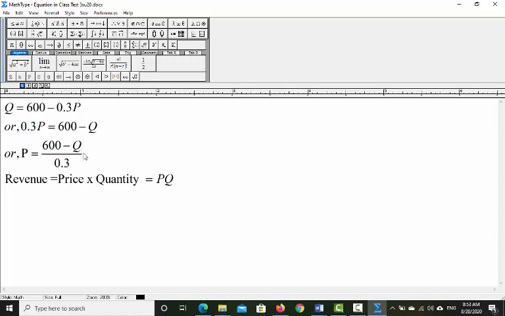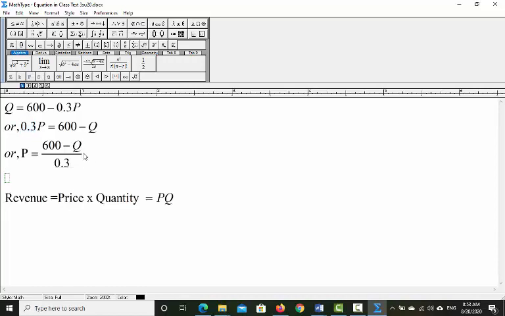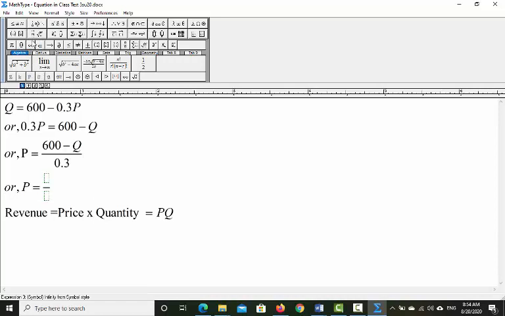Then we could write P is equal to 600 divided by 0.3 minus Q divided by 0.3.